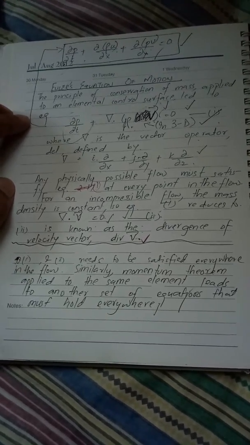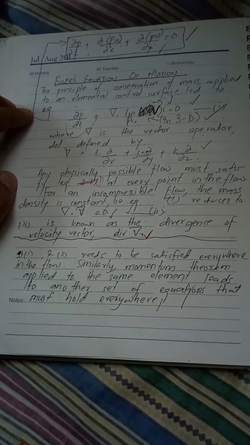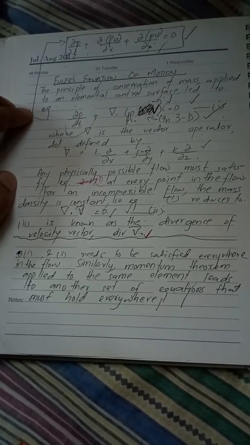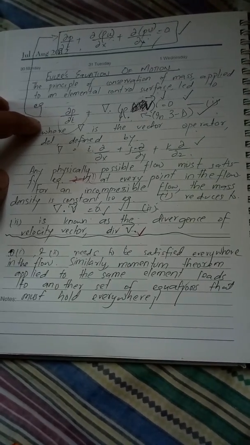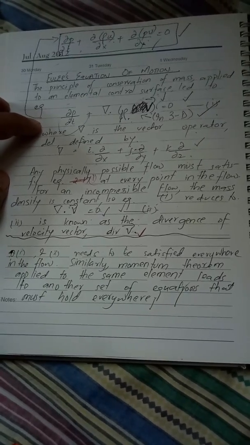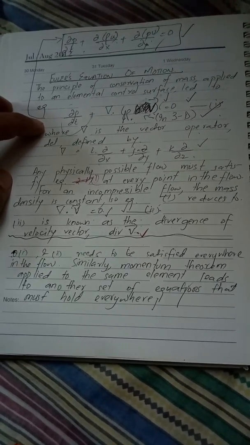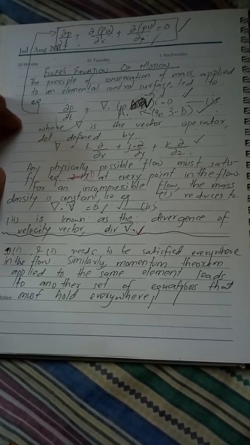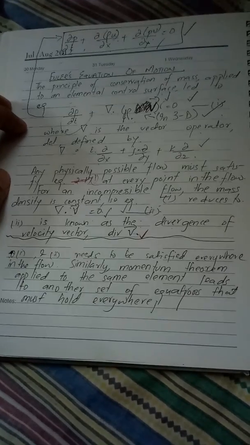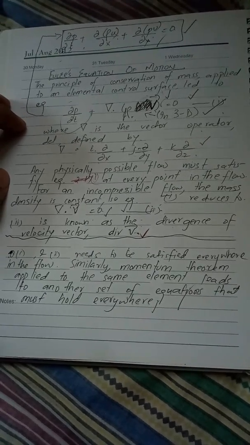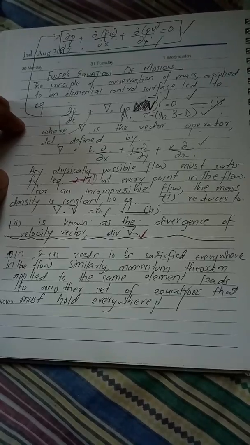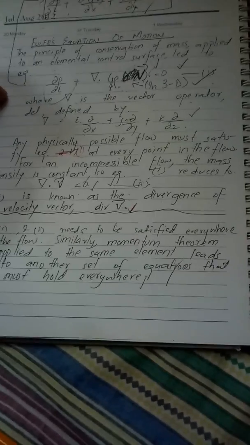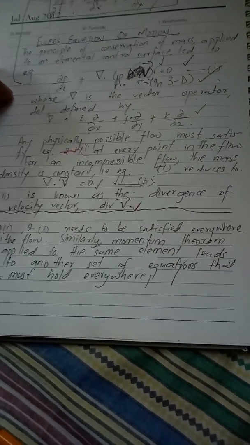So in this video, we're going to share the principle of conservation of mass applied to an elemental control surface, which led to an equation, which is this one: the change of density with time, ∂ρ/∂t, plus del dot ρV equals 0, in 3D form, where del is the vector operator defined by this, obviously in the 3D form, i, j, and k, in the three dimensions x, y, and z.